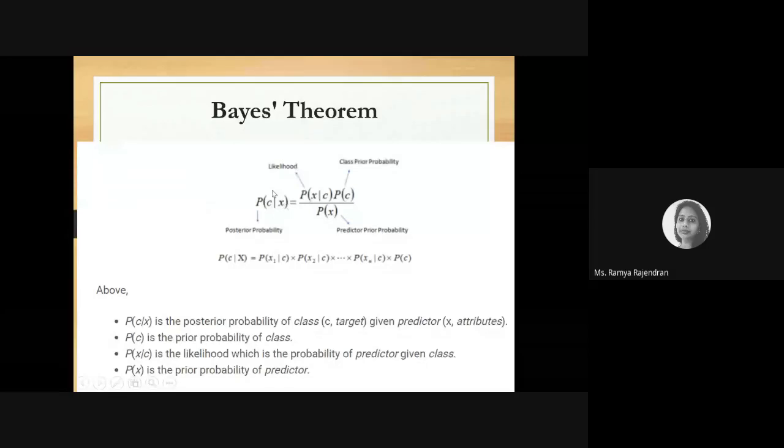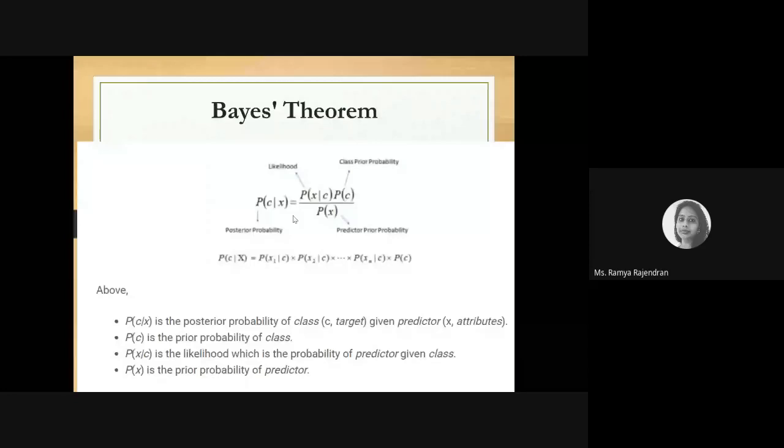I believe you already know what posterior probability and prior probability are. If you need clarification, I have a few notes added in this document, which I'll share with you later so that you can understand this better.